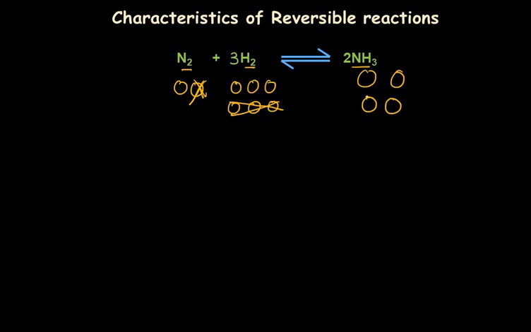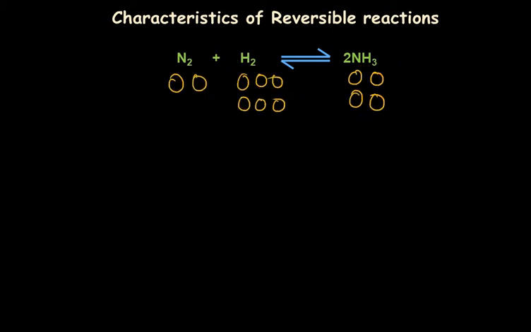But at the same time, these molecules of ammonia will again change back to molecules of hydrogen and nitrogen, and so at equilibrium the concentration of reactants and products remains constant. I won't say remains the same, but the concentration, that is the number of molecules, did not change.